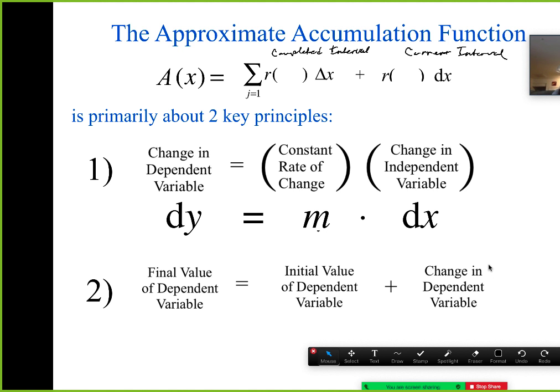Anybody have an idea? So this is kind of hidden in plain sight. How can we see in this somewhere that final value equals initial value plus change?